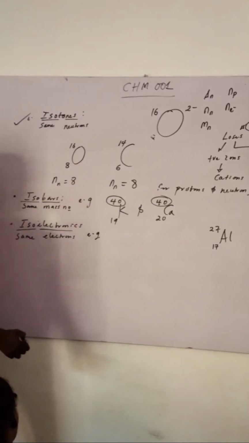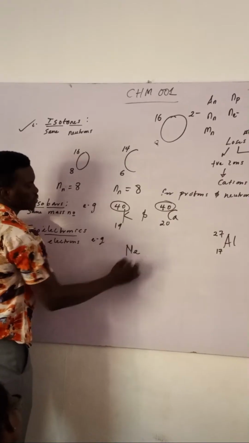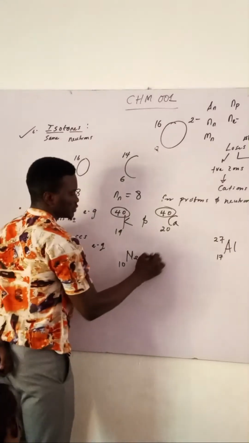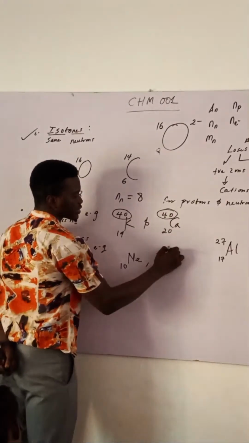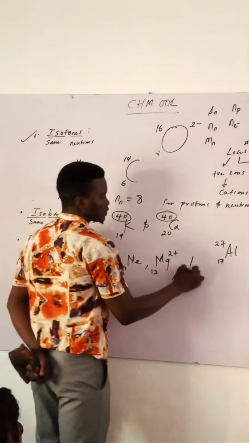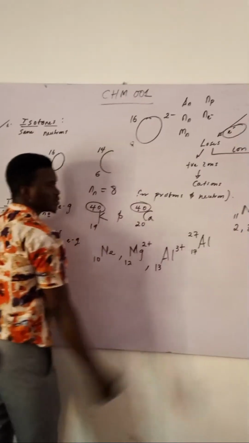So for example, Ne, the atomic number for this is 10. Mg2 plus, the atomic number for this is 12. Al3 plus, the atomic number is 13.